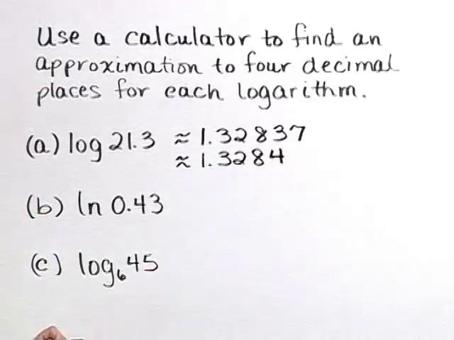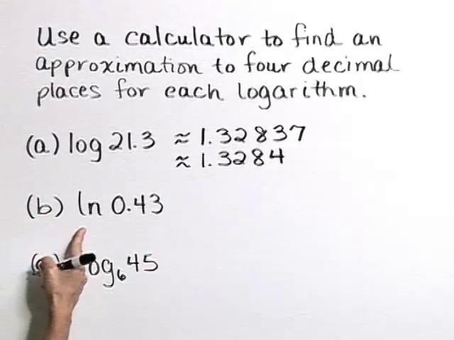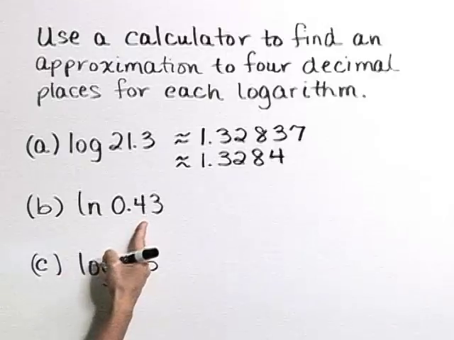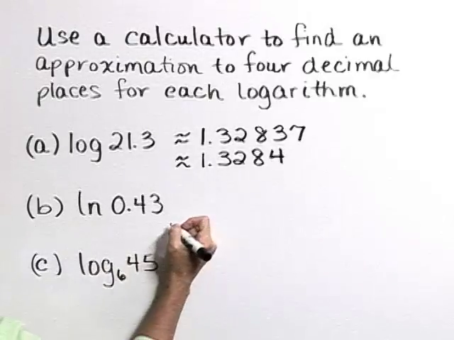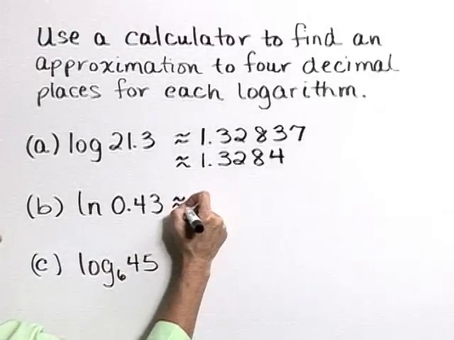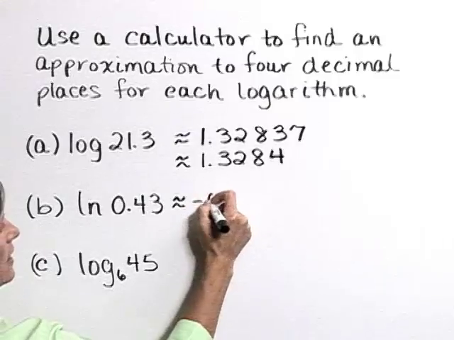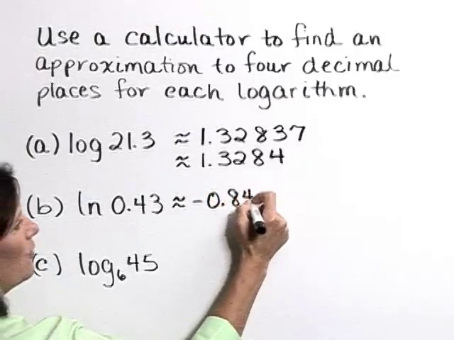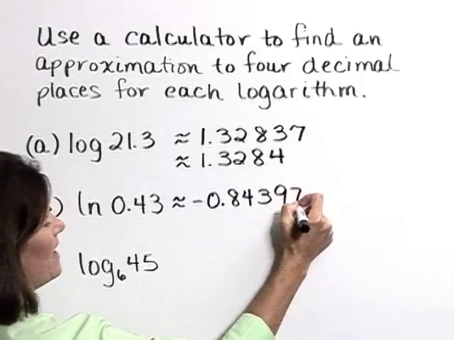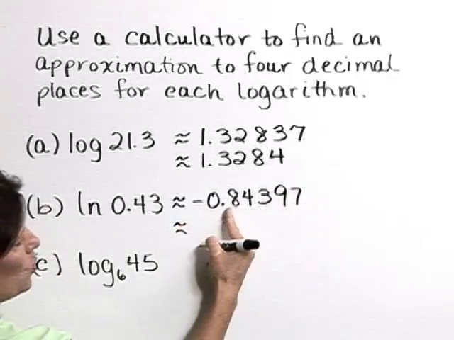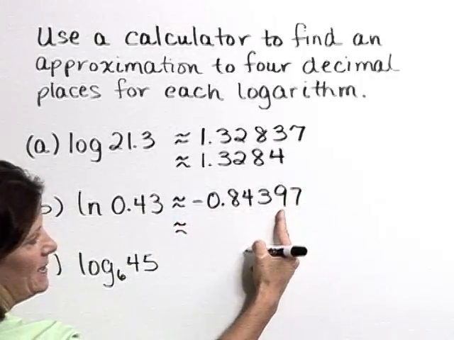1.3284. In part B, we have the natural log of 0.43. Using our calculator, that is approximately a negative 0.84397. We want to round this to 4 decimal places.